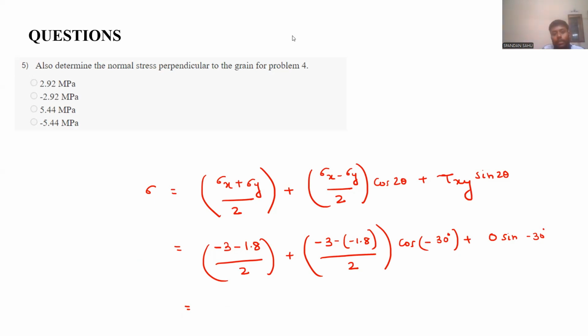I think it is visible. Just refresh it if you are unable to see. Is it visible now? Yes. Just calculate the value and let me know what value you are getting.